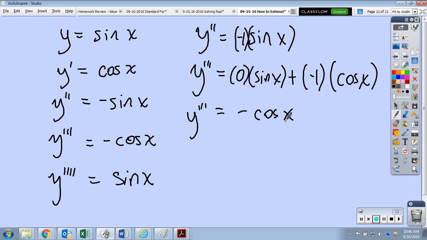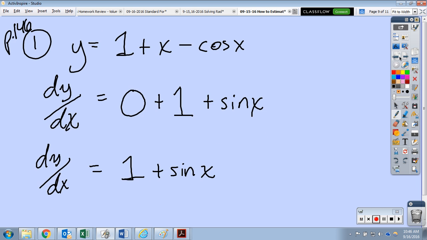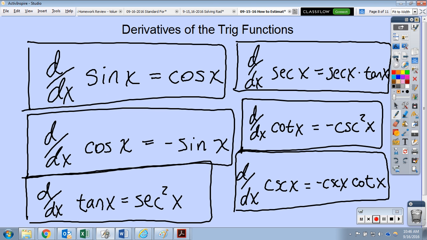This is just the derivative. So negative sine x stays with the same sign, and then it goes back. Is that true for every derivative or just sine? Pretty much sine and cosine. The other ones get pretty nasty, because then you have secant squared, and you have to do the power rule to find the derivative of that, and then the product rule, and it gets nastier and nastier.